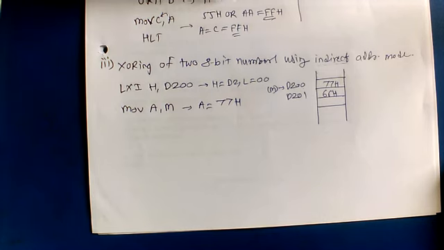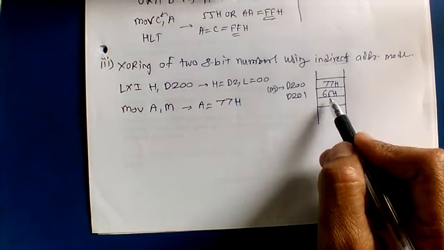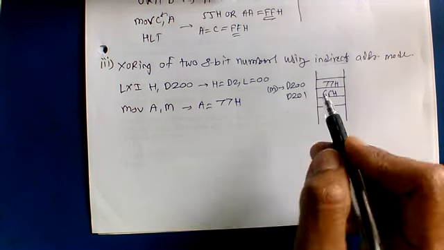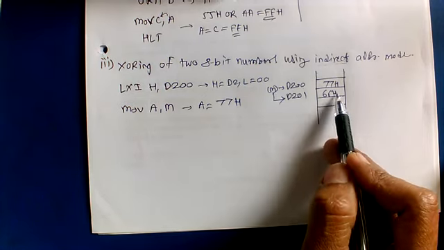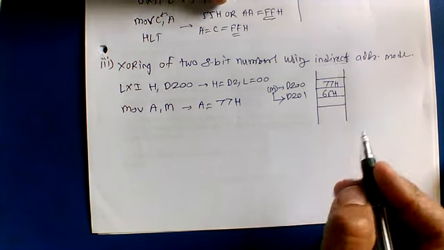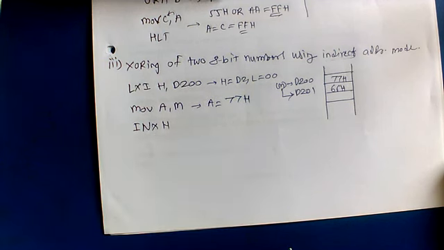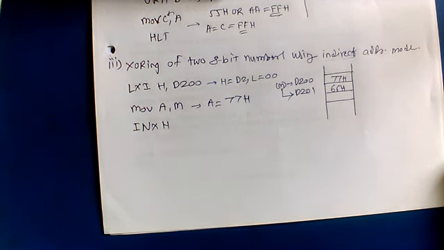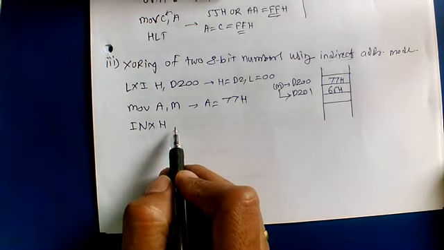Now the next number, 66, is available at the next memory location. So it is required to increment the memory pointer by 1 to fetch or read the data 66H from the next memory location. The next instruction is INX H, increment the HL pair by 1. Here X indicates the HL pair.